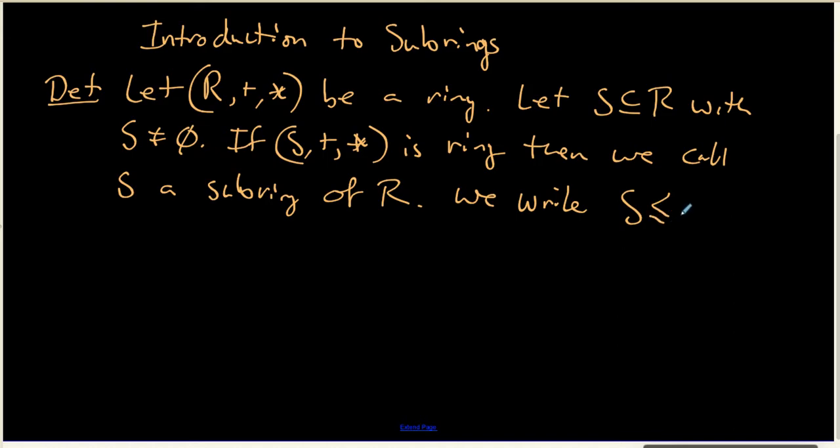S is a subring of R, using the same kind of notation that we used for subgroups back in the first semester of modern algebra. In other words, we're just going to use the less than or equal to operator for meaning is a subring in this particular class.